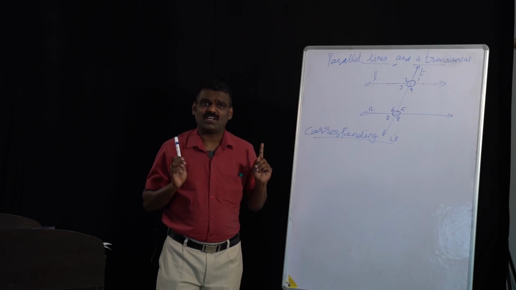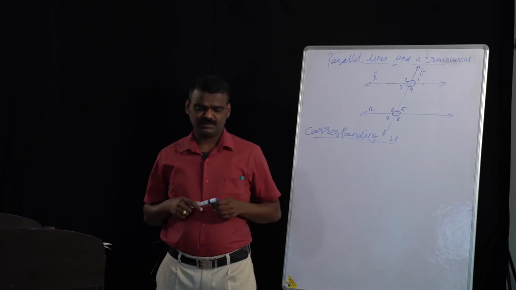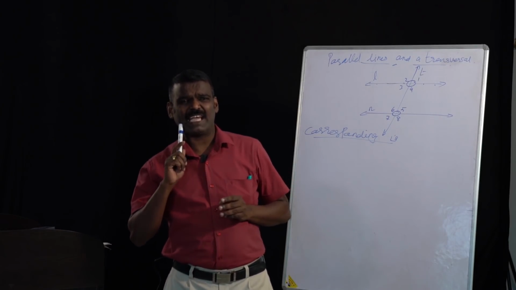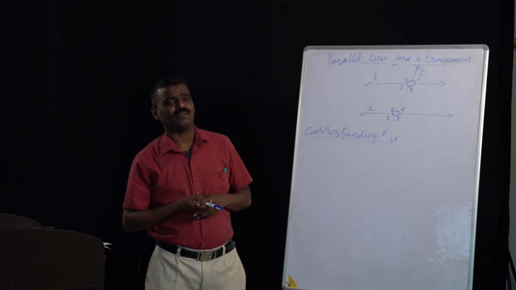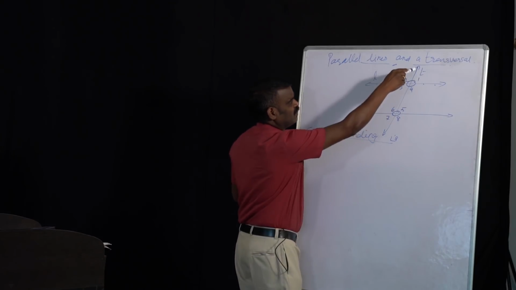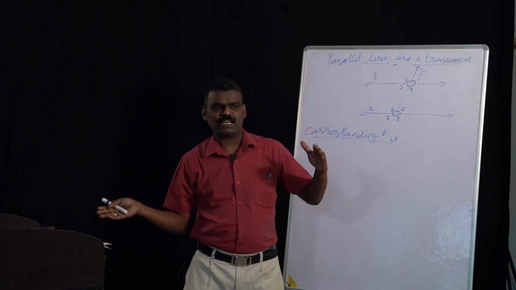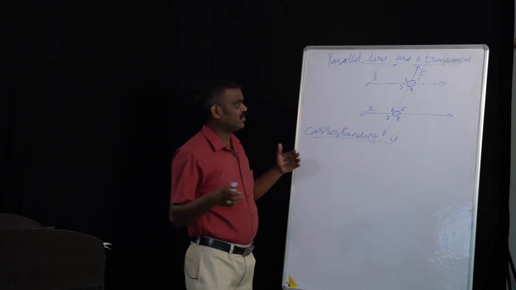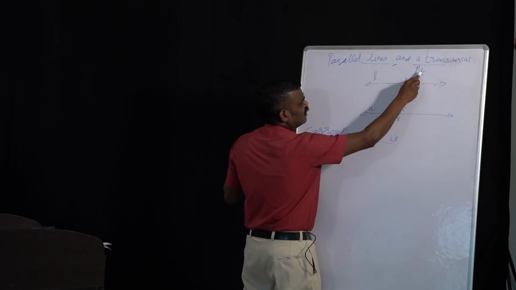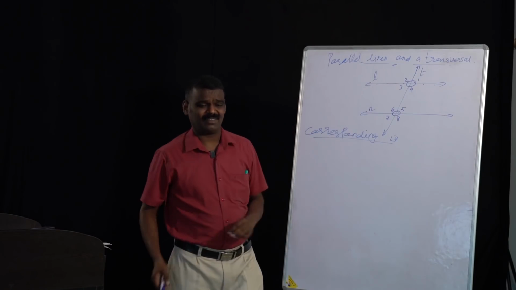Two angles are called corresponding angles if they are on the same side of the transversal. What is a transversal? T is a transversal. When T is coming, there are two sides, one is the right side, another is the left side, right?